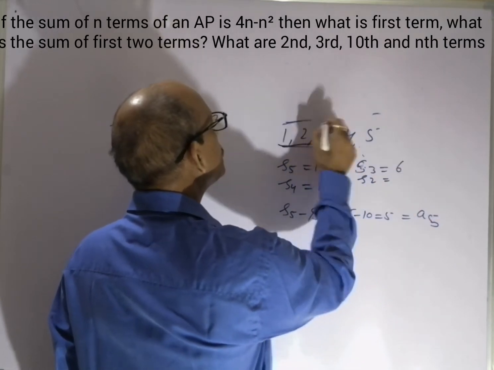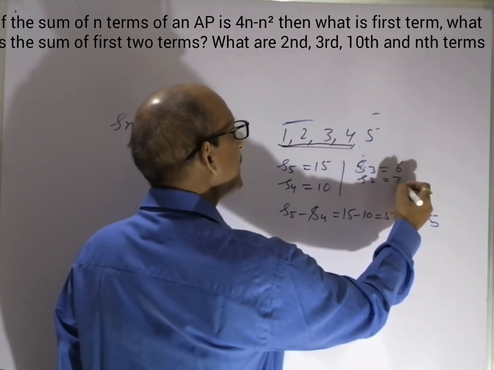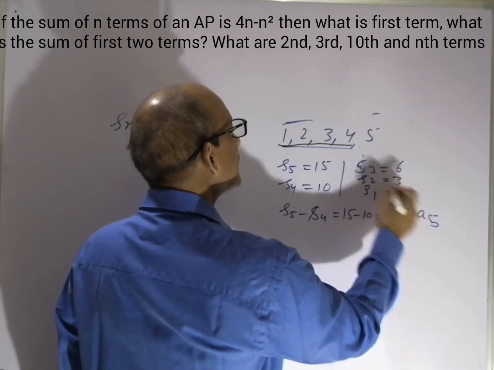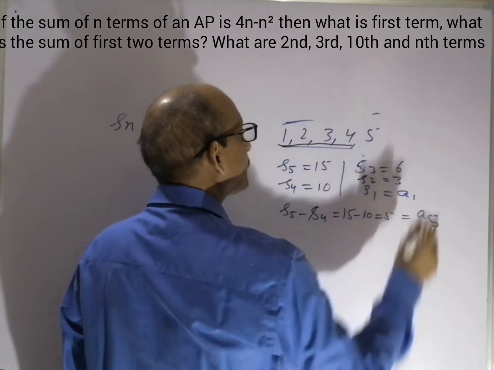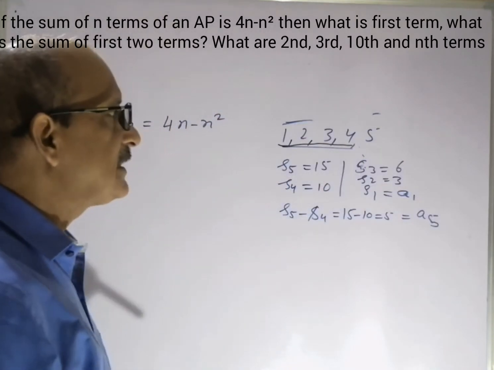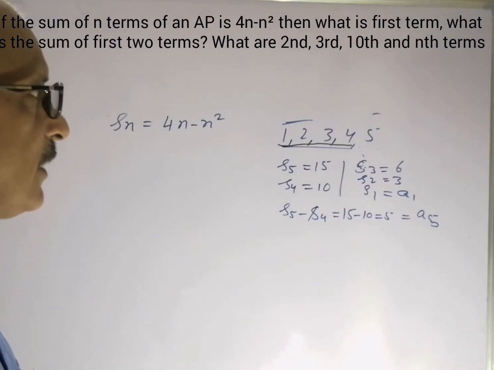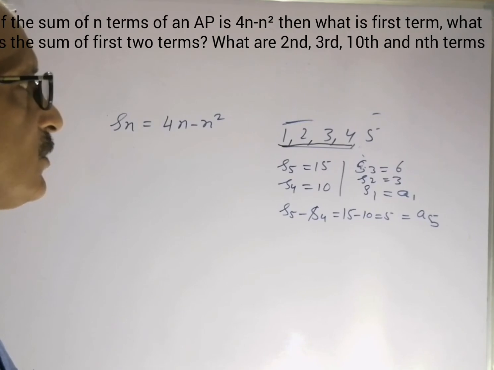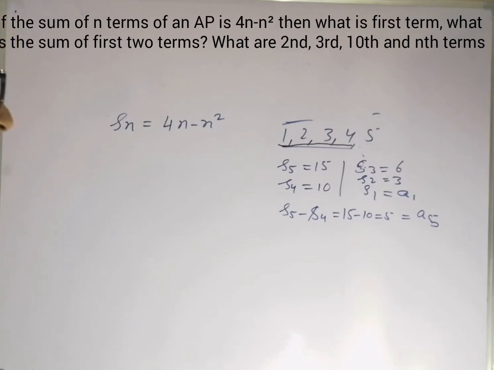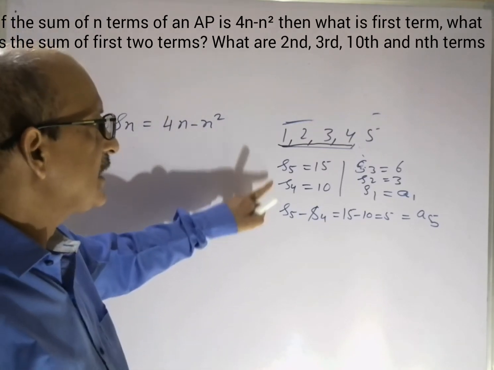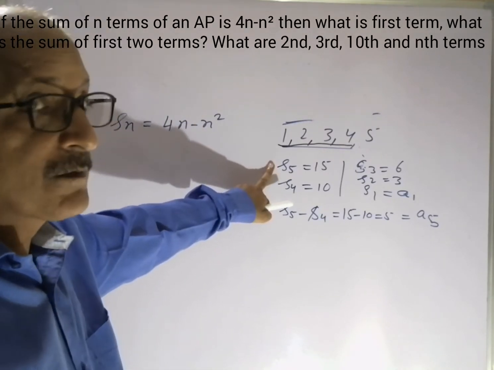S2 means these two terms taken together, that is 3 only. S1 is a single term, that is A1 only. So one thing is very clear: S1 is equal to A1. S2 is the sum of 2 terms from the start. S3 is the sum of 3 terms from the start. S4 is the sum of 4 terms from the start. S5 is the sum of 5 terms from the start.